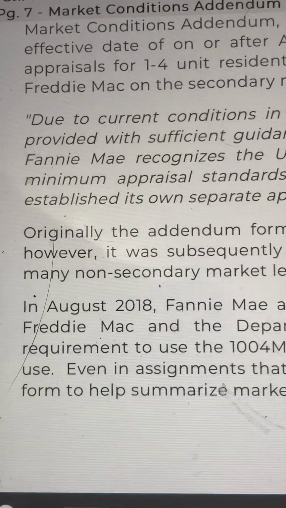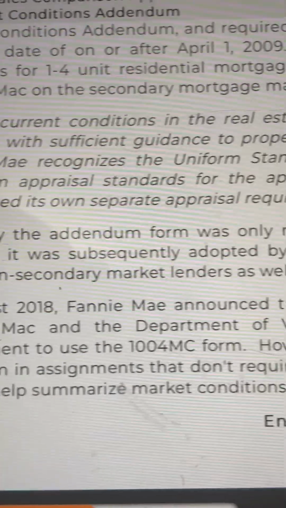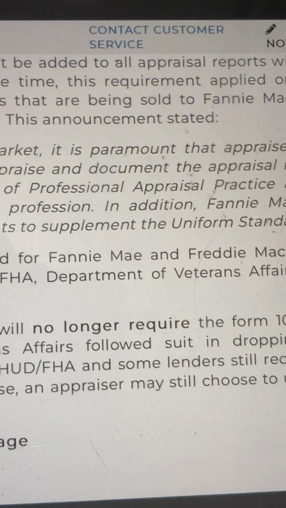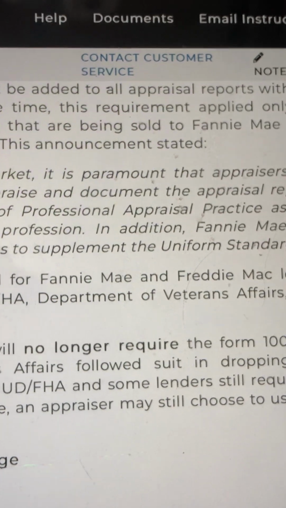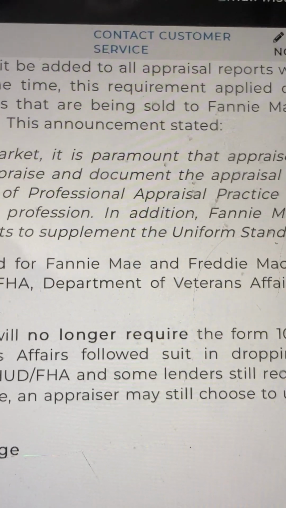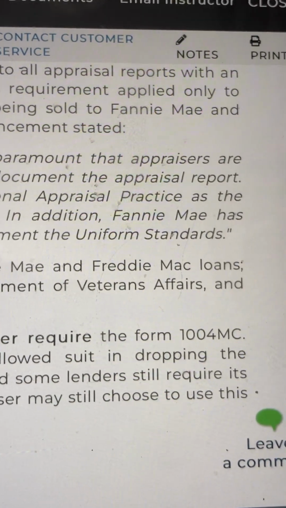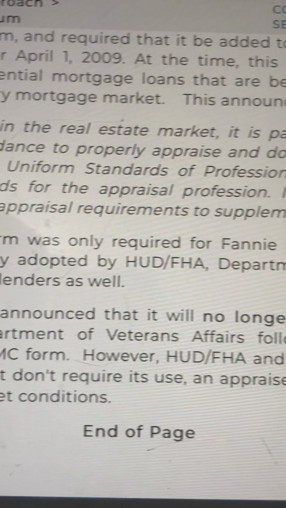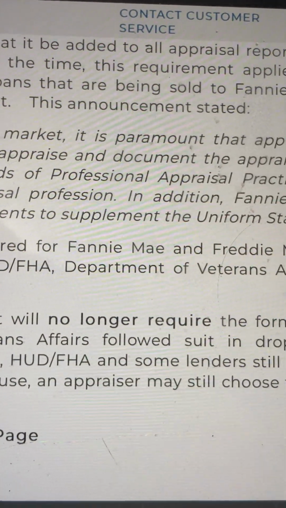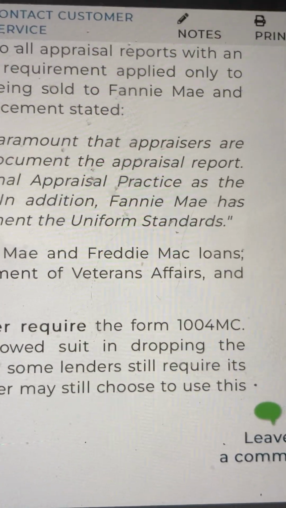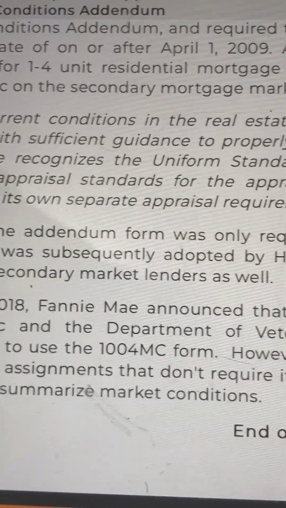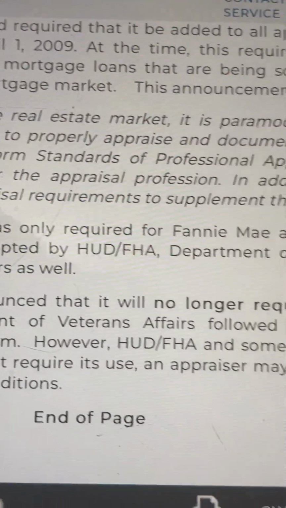In August 2018, Fannie Mae announced that it will no longer require, that's highlighted, the Form 1004-MC. Freddie Mac and the Department of Veterans Affairs followed suit in dropping the requirement to use the 1004-MC form.